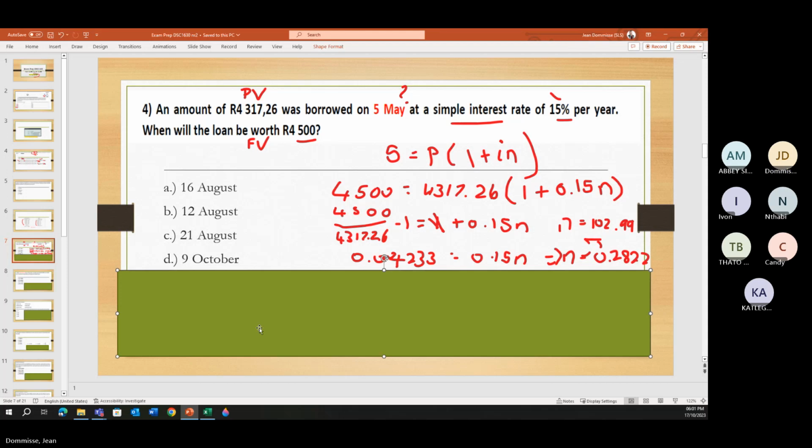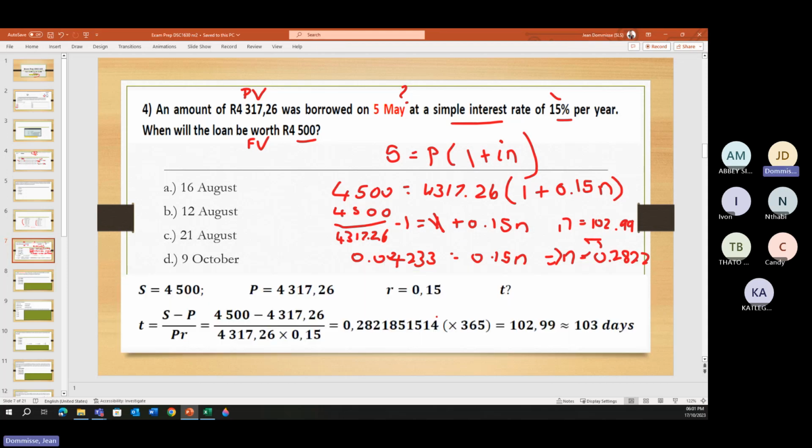Okay, so what I have done here is just to show you exactly the same process. That's what I meant by, you could have isolated it from the start and then started substituting. You will still get the 103 days, but now you need to go to that table that has the counting of days.